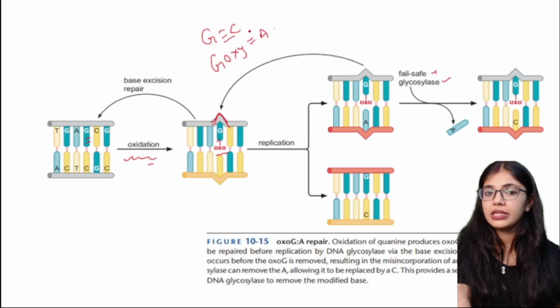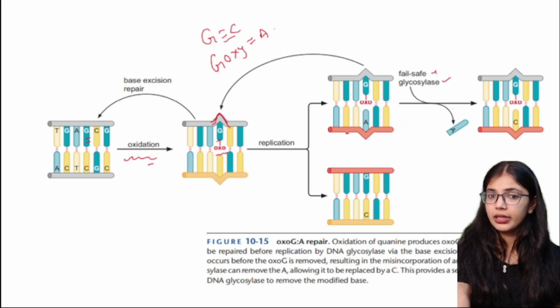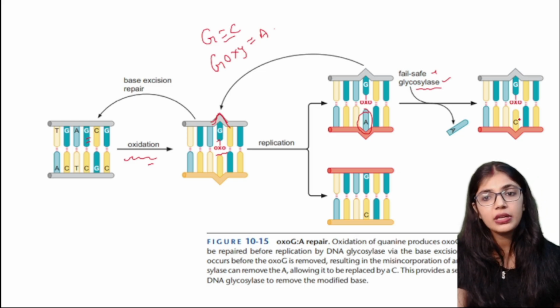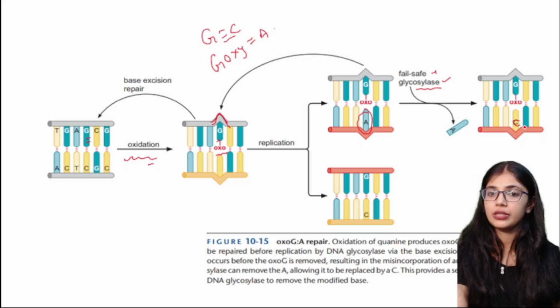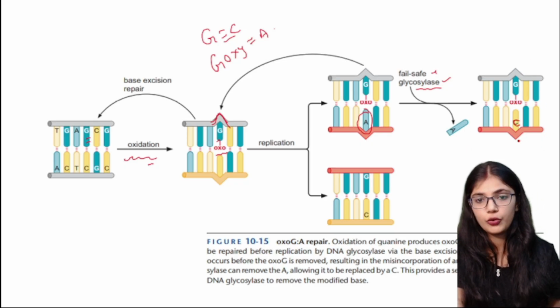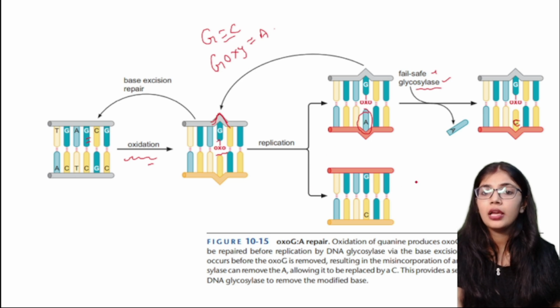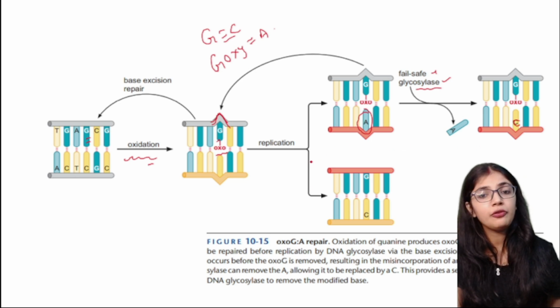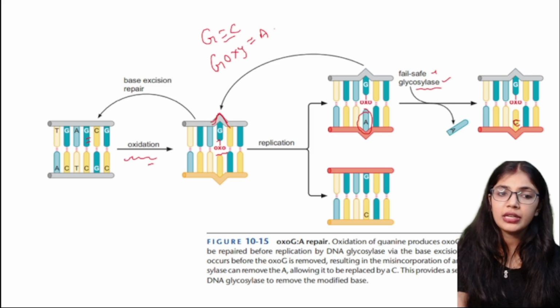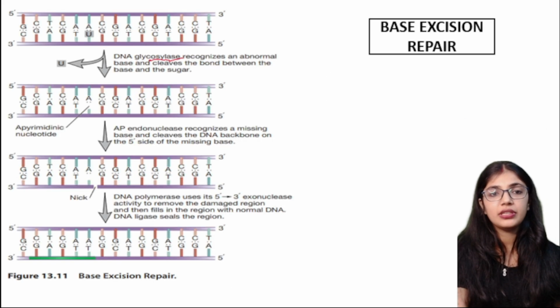So the thing which can be done is that this adenine will be removed by the fail-safe glycosylase and replaced with cytosine, so here there is no change of this nucleotide. The other thing is that it will be removed by the base excision repair, and there will be the correct nucleotide. Now let us see how the work of base excision repair takes place.